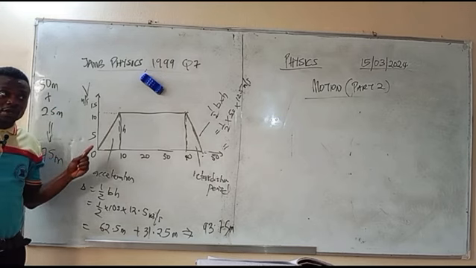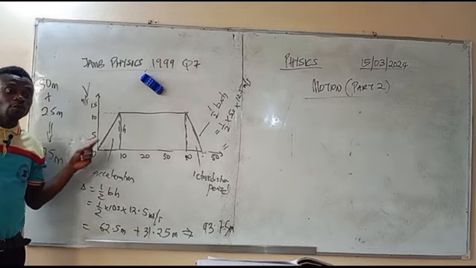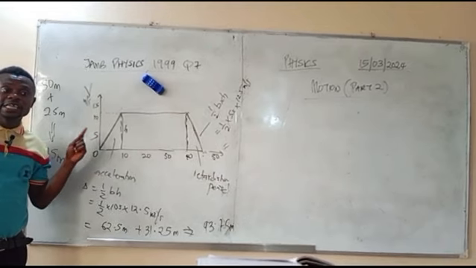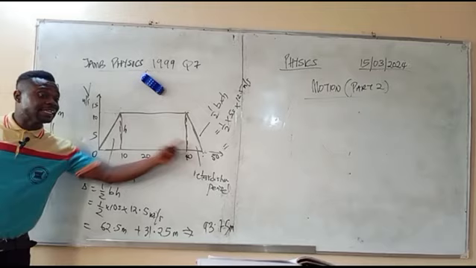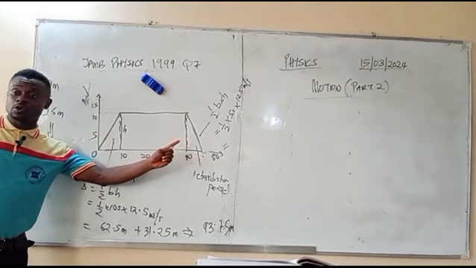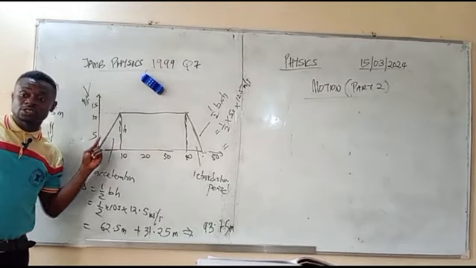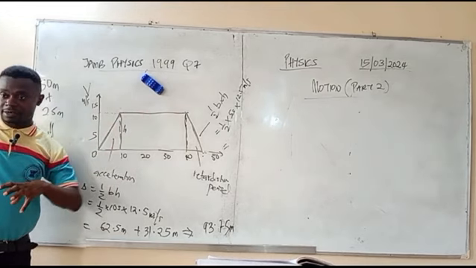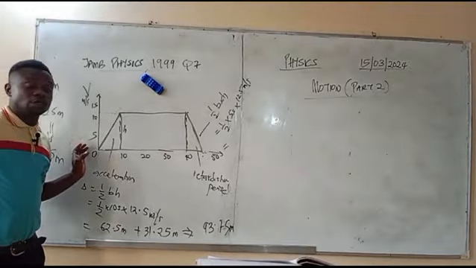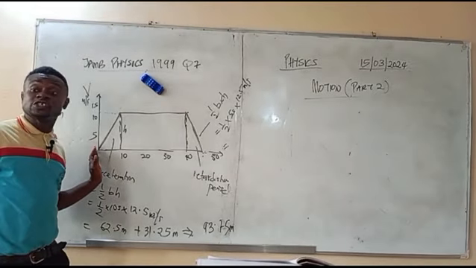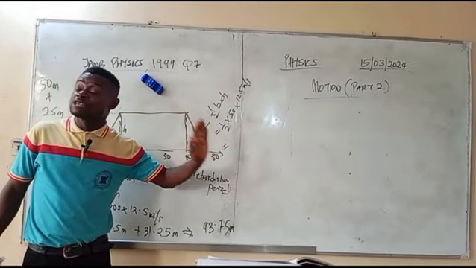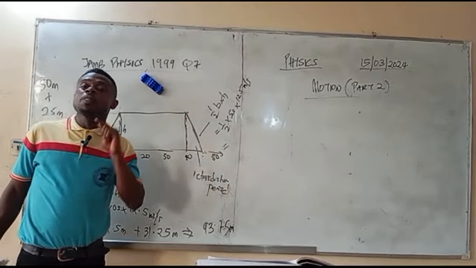Am I communicating? You can make it A and B. You can put part A of the question to B: total distance covered during the entire journey. Okay? Do you understand what I'm saying? Because what we saw was the total distance covered in the entire journey.